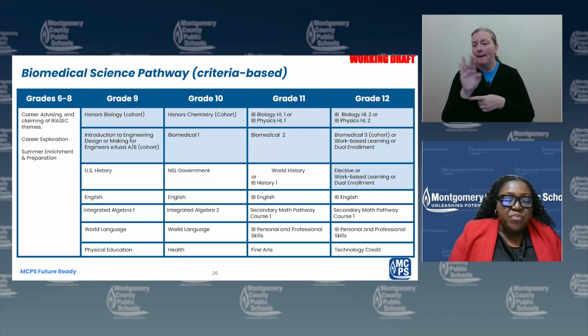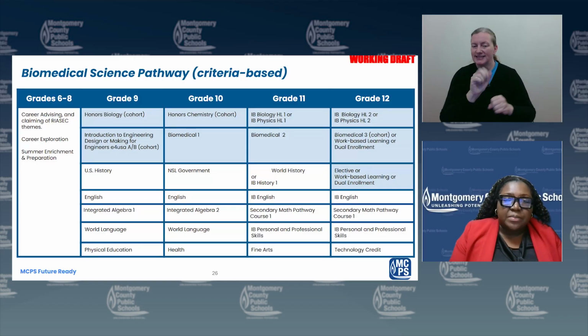Additionally, we recommend that students do an engineering course in their grade 9 year. Again, the school does have a Project Lead the Way engineering program. This engineering course, we believe, will provide students with a strong foundation in science and really set them up for success.